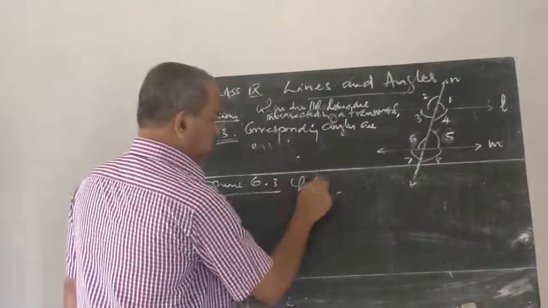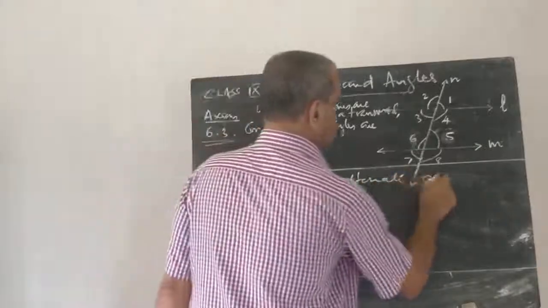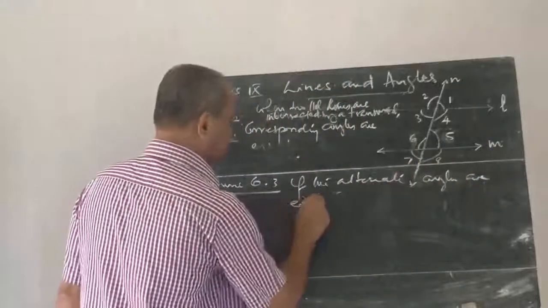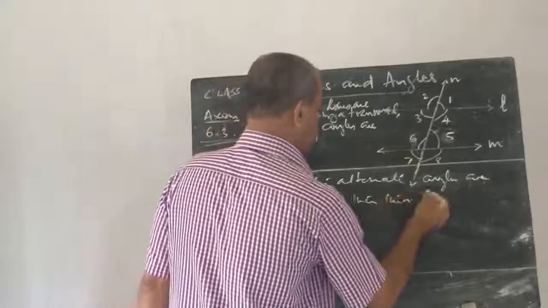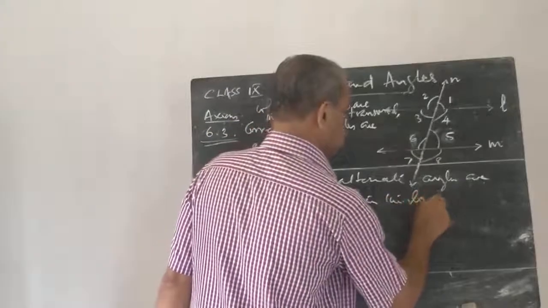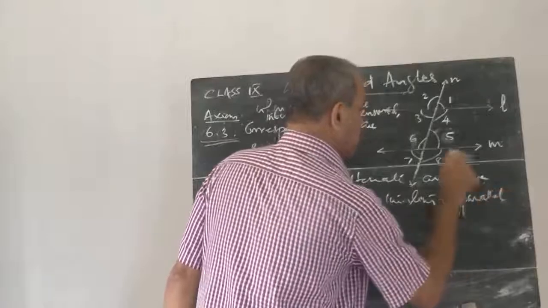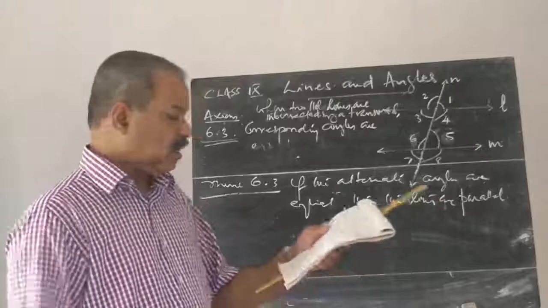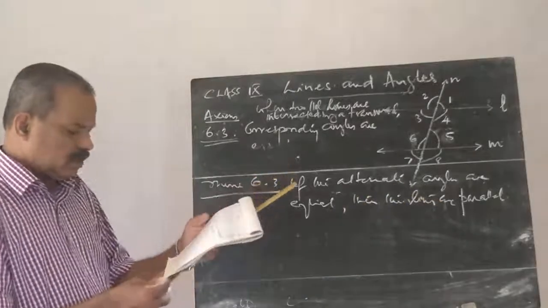If the alternate angles are equal, then the lines are parallel. This is theorem 6.3.